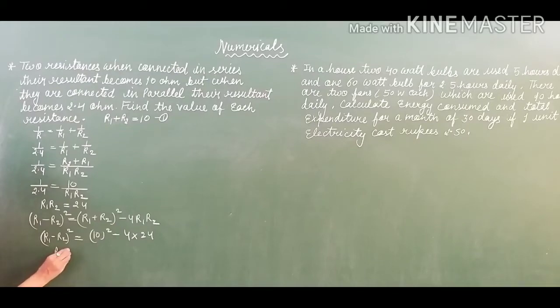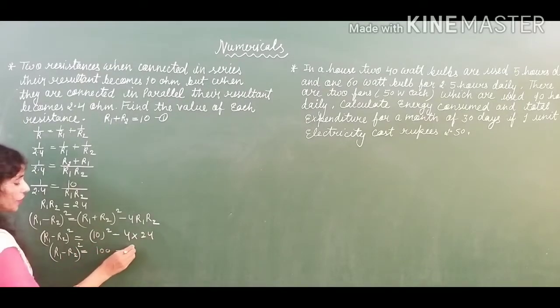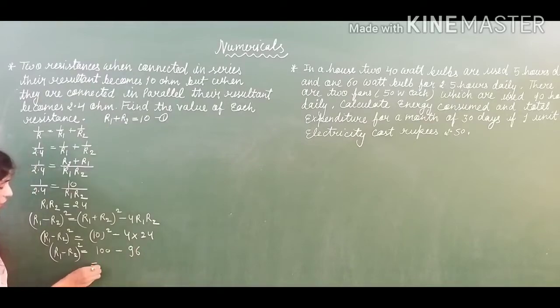So (R1 minus R2) square is 10 square, that is 100, minus 4 into 24, that is 96. So 100 minus 96 is 4, and R1 minus R2 is under root 4. So R1 minus R2 equals 2.